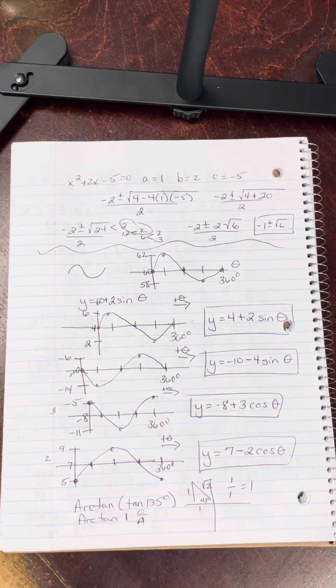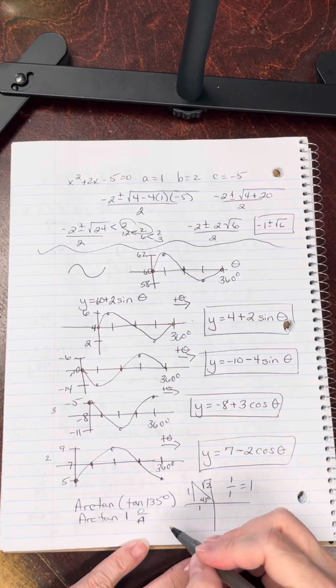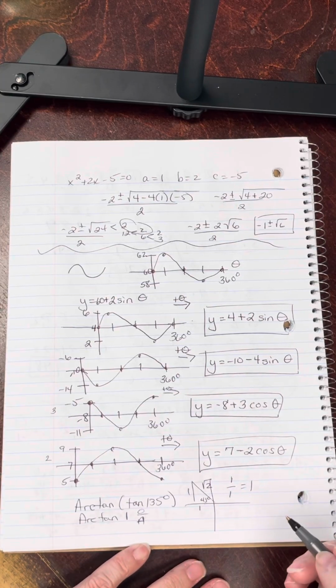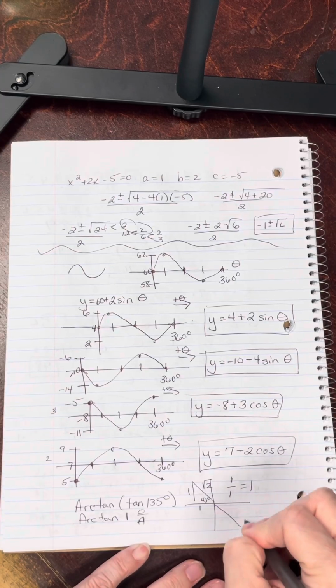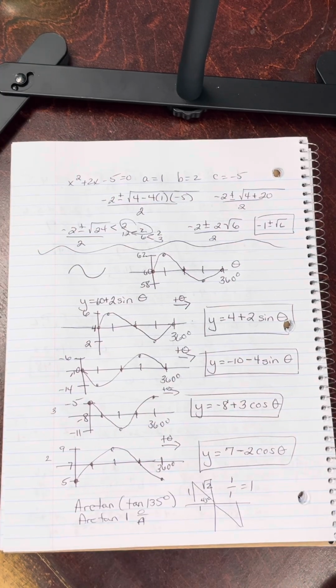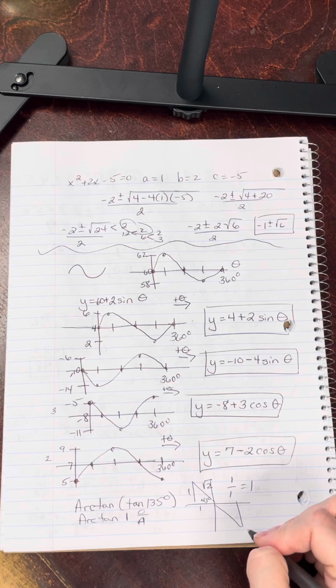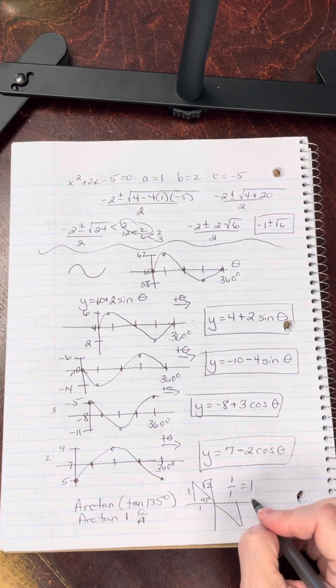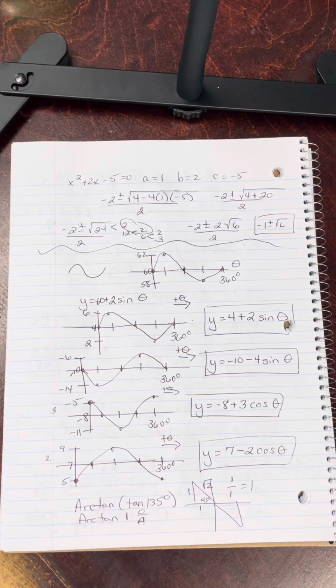Okay, so this is where they differ in their answer from what I want to do. When they graph this opposite over adjacent, they put it in this quadrant, not quadrant 1. And I don't instinctively want to do that because this is a positive. I want to put it in quadrant 1.